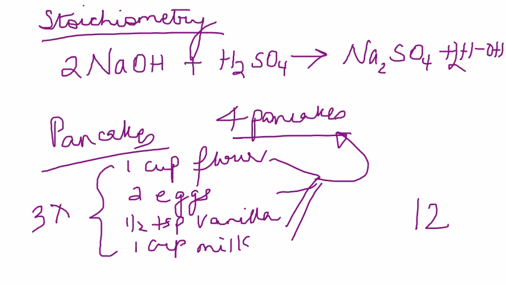That means you will need 3 cups of flour, 6 eggs, 1.5 teaspoons of vanilla, and 3 cups of milk. So realize that there is a relationship that is established between the ingredients and the product.